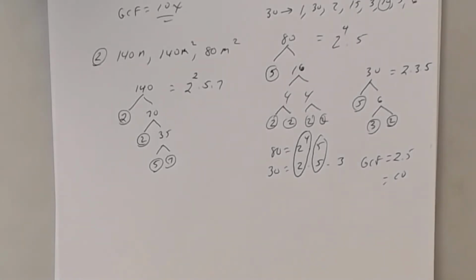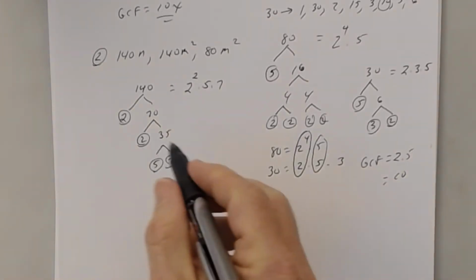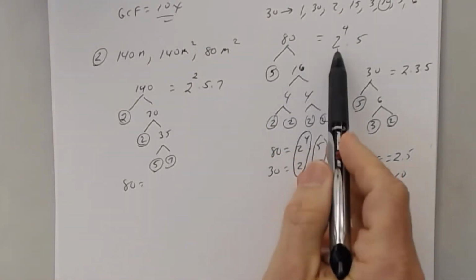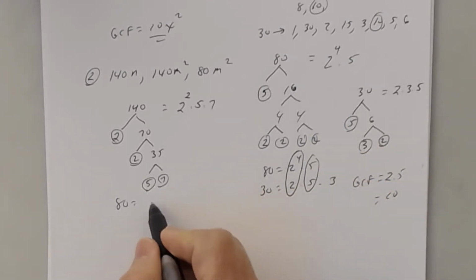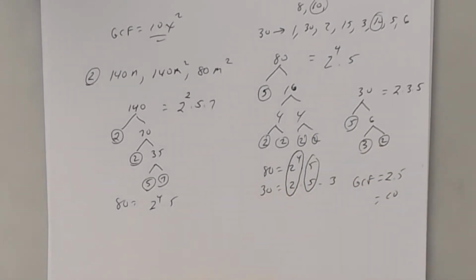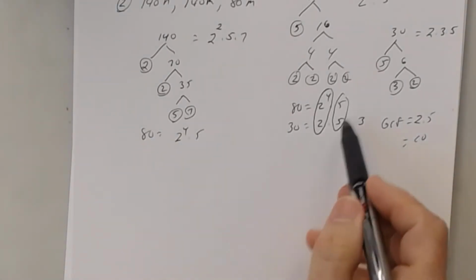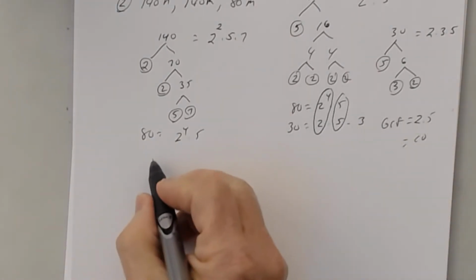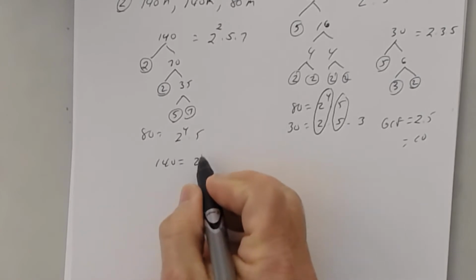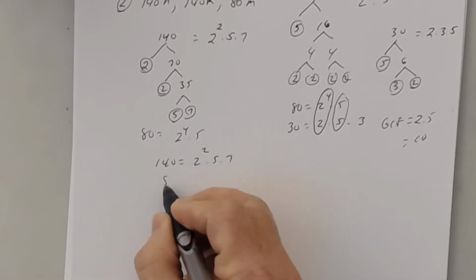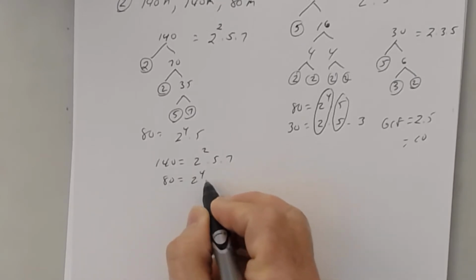And then the only other one is 80, which I think we already did, didn't we? Yeah, so 80 we did already. So that was this right here. So that's 2 to the 4th times 5. So if I list them under each other, like I did right here, we have 140, which is 2 squared times 5 times 7, and then 80, which is 2 to the 4th times 5.